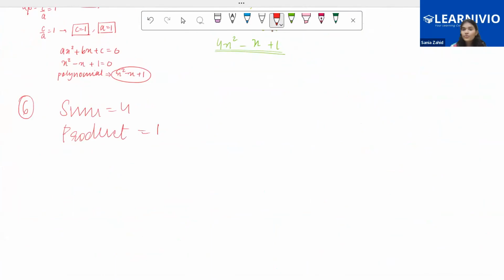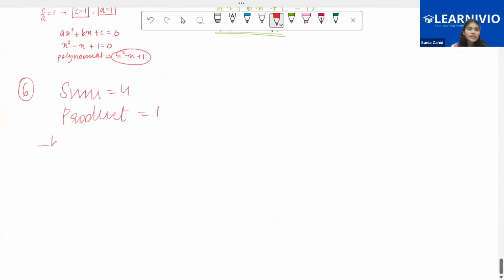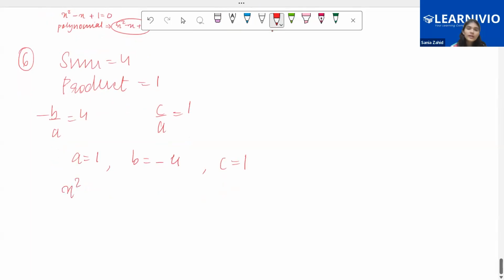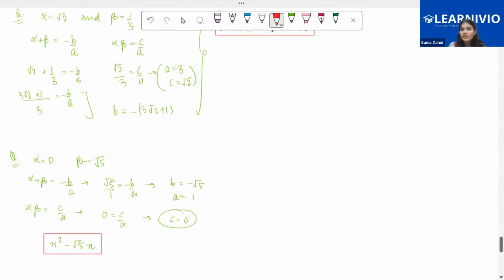So now if sum is 4, that means minus b by a is 4 and c by a is 1. That gives you the value of a as 1, b as -4 and c as 1 again. So your equation becomes x square minus 4x plus 1. This is your equation. Understood, Umair? Clear? You're getting the same answers as your homework?